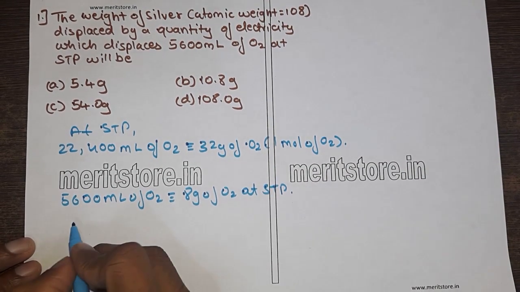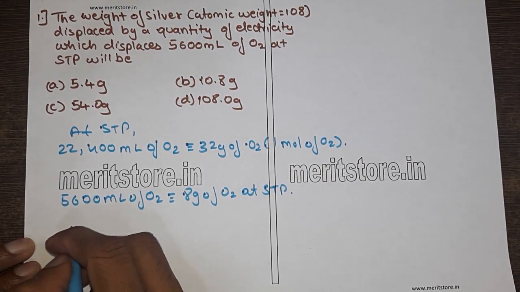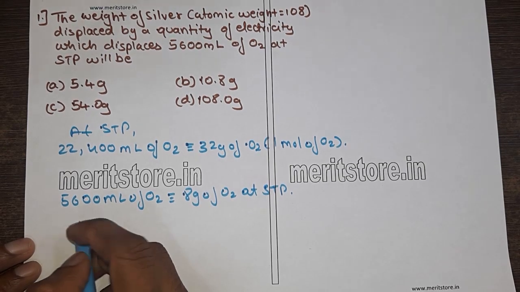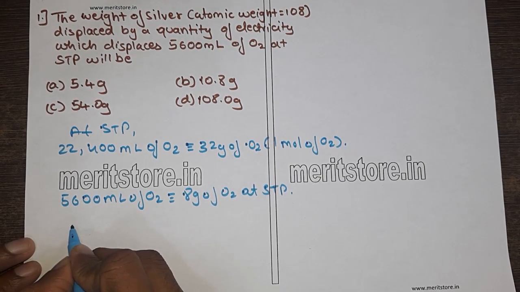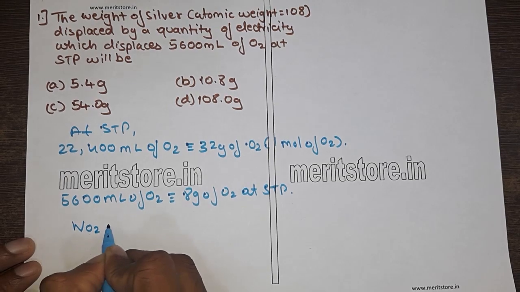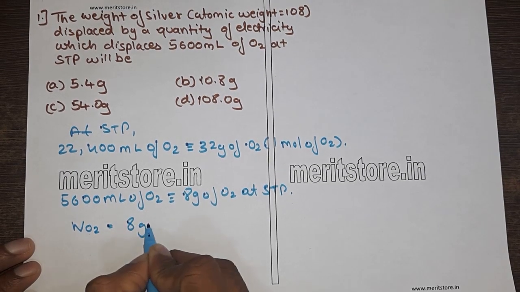So weight of O2 displaced in grams will be given as WO2 equal to 8 grams.